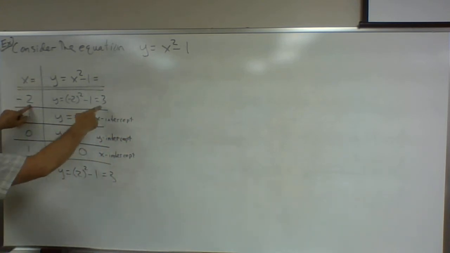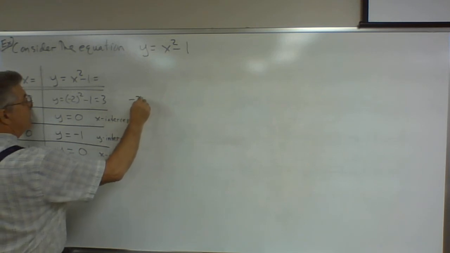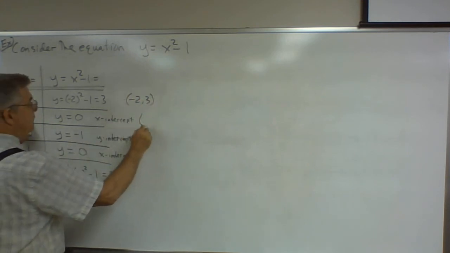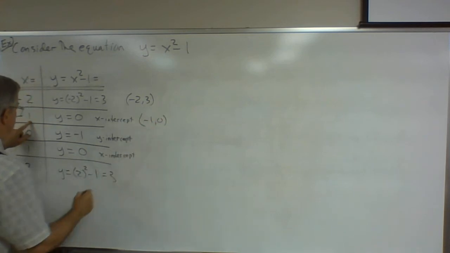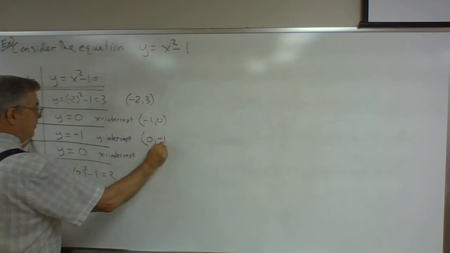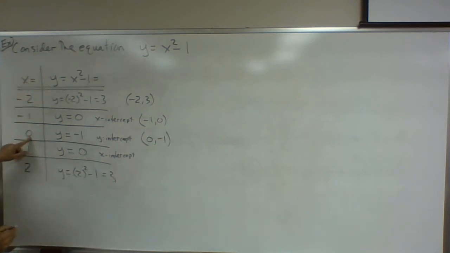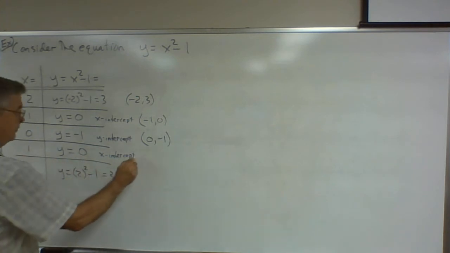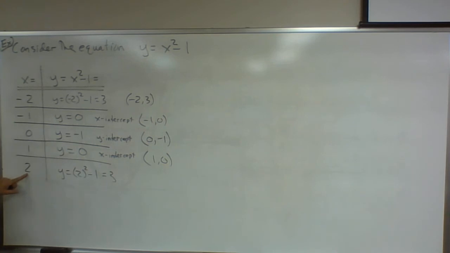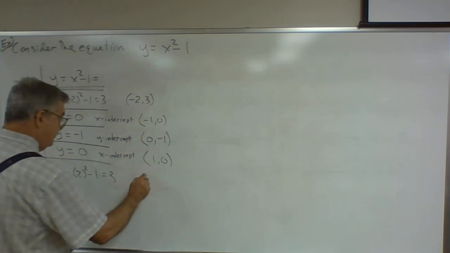X is -2, y is 3. That's a point on the graph. X is -1, y is 0. X is 0, y is -1. X is 1, y is 0. X is 2, y is 3.